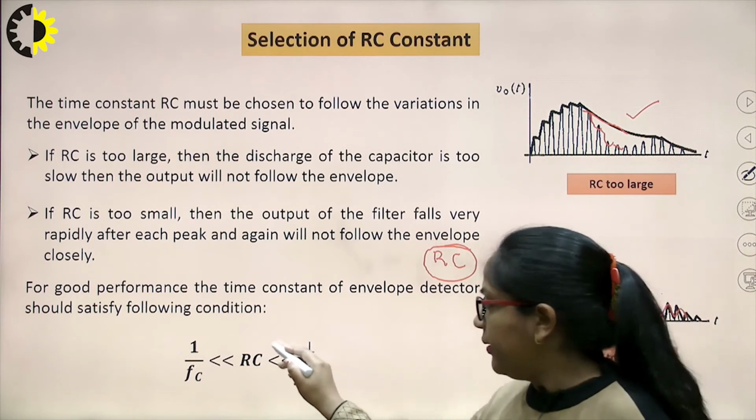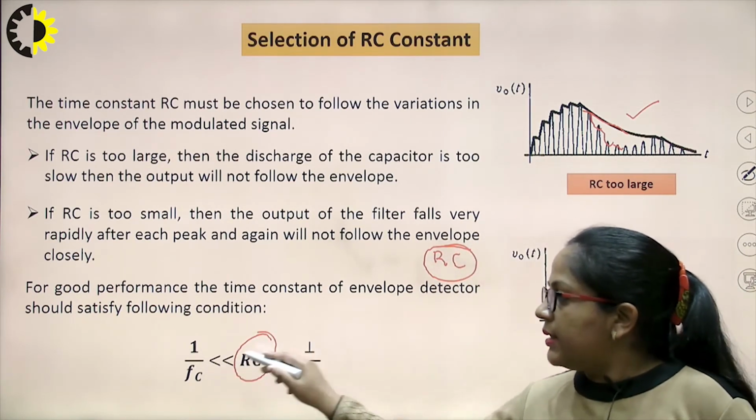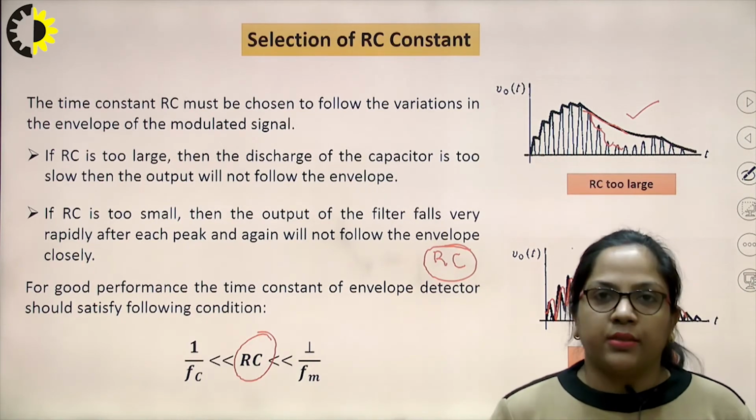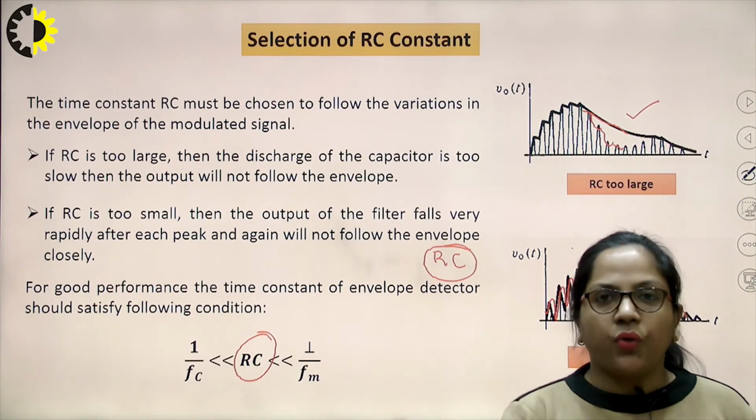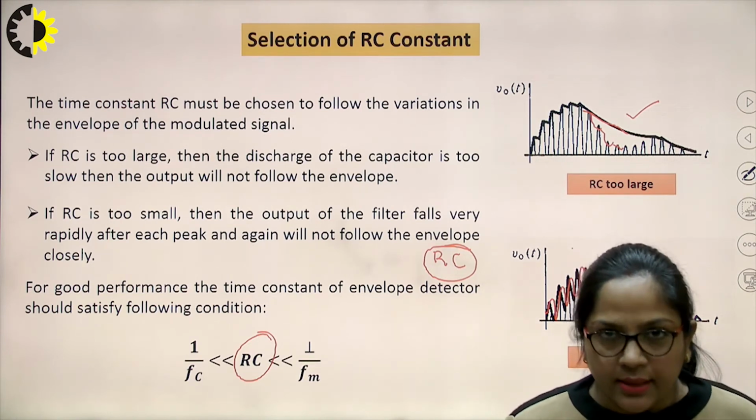So when we select this RC constant lying in this range, then this envelope detector will be able to follow the variations in the envelope of the modulated signal.